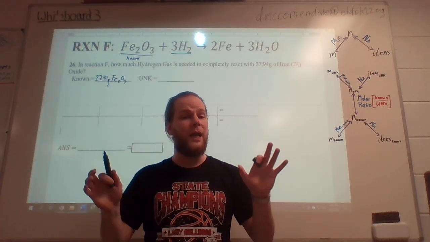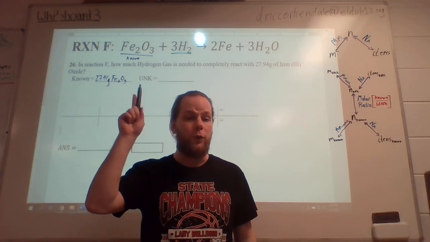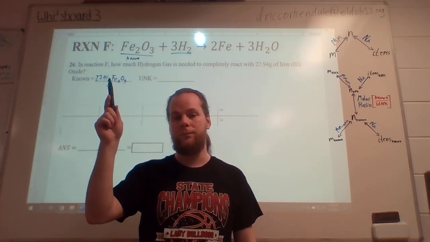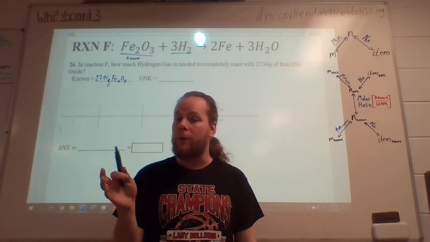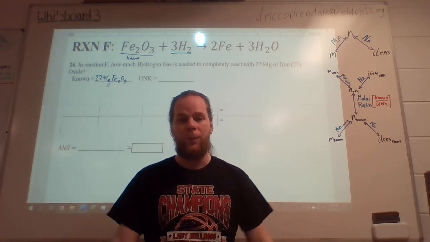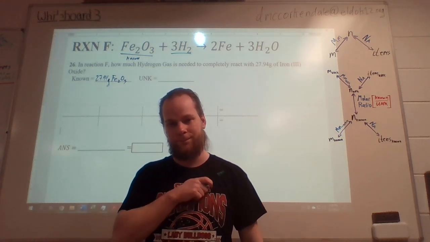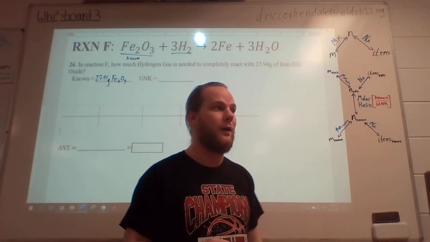Unless you are given a unit, if you see how much, you assume you are looking for mass. It is not always going to say what mass or how many grams. Frequently, it's just going to say how much. Well, we measure how much most often with mass. So how much is referring to the mass that we're after.